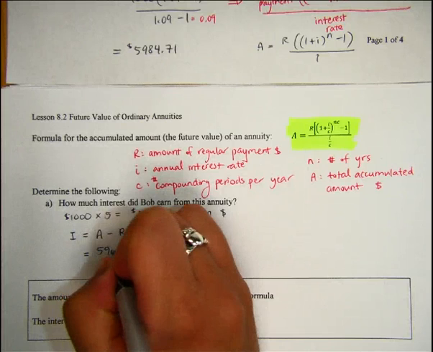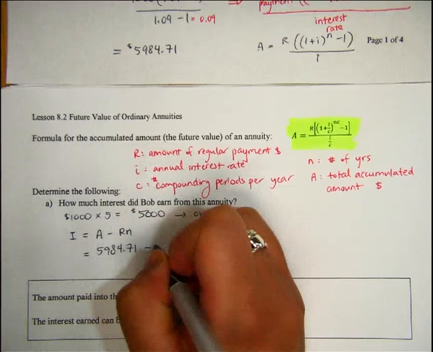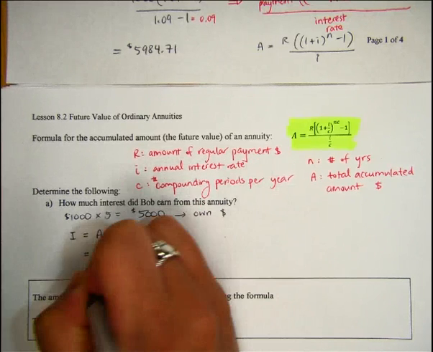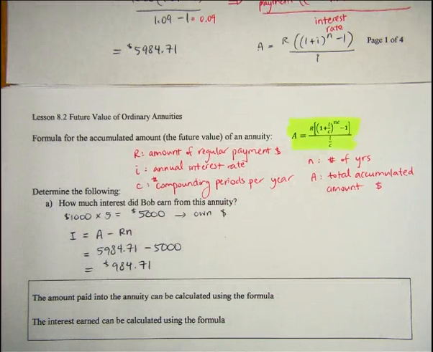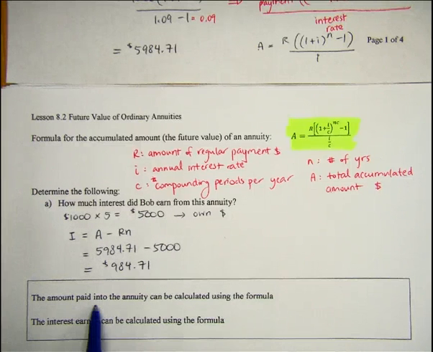So $5,984.71 minus 5,000. So that means he earned $984.71 in interest.